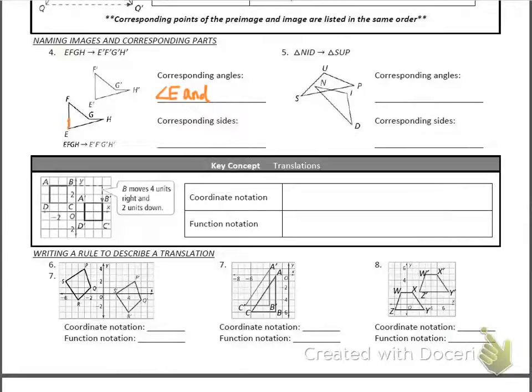So here's angle E. Which one matches with angle E? Angle E prime. Okay, so angle E and angle E prime correspond. Let's do one more. Which angle corresponds to angle F? This one. Which one? Yeah, angle F prime.